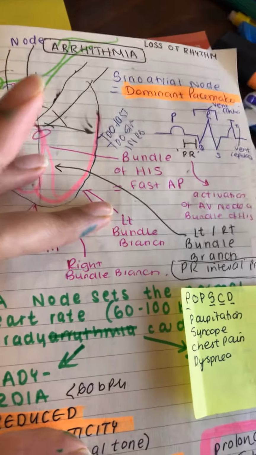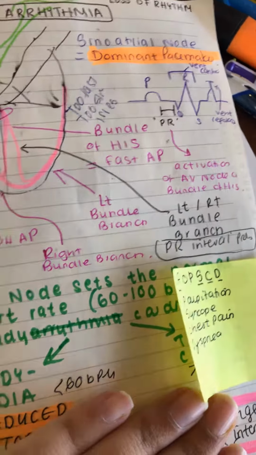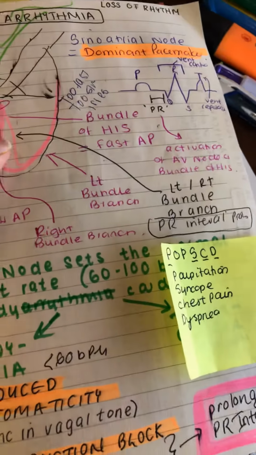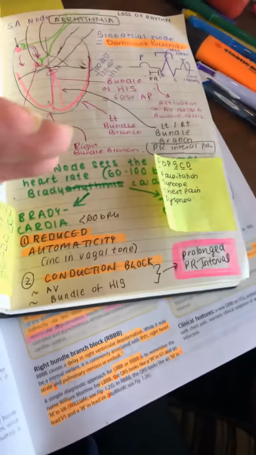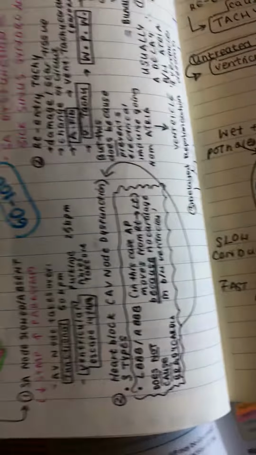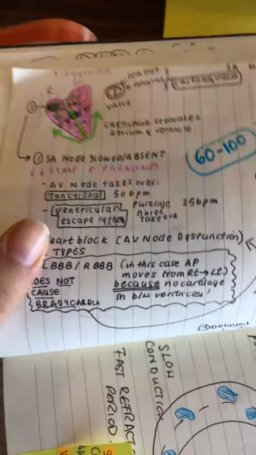As I said, the SA node sets the normal heart rate at 60 to 100 beats per minute. Bradycardia is a reduced heart rate, anywhere less than 60 beats per minute.